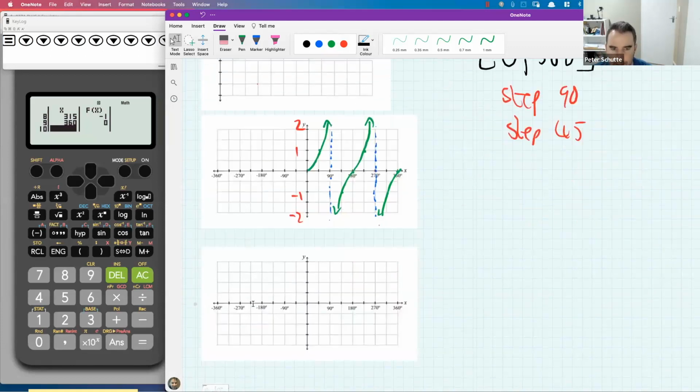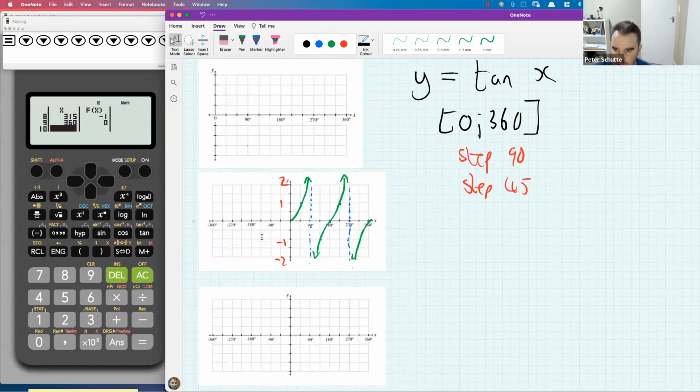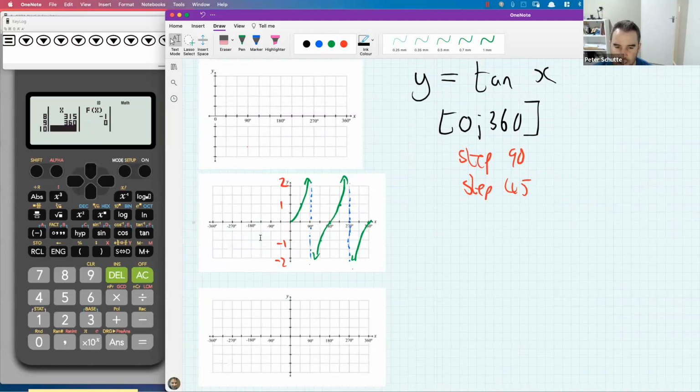Okay. Well, what if I start to make the tan functions a bit more exciting? So how about I say to you, I want you to draw the graph of y equals tan of x plus 1.